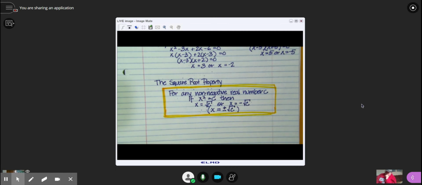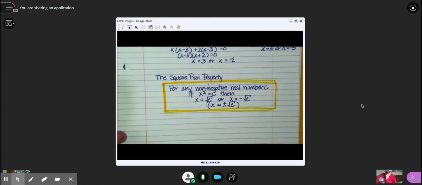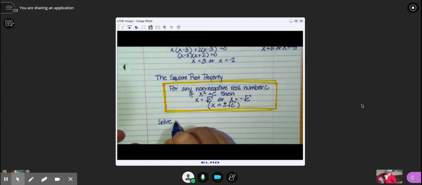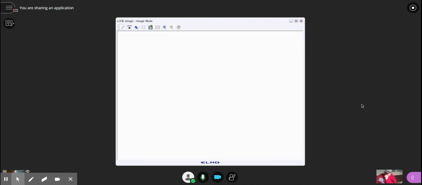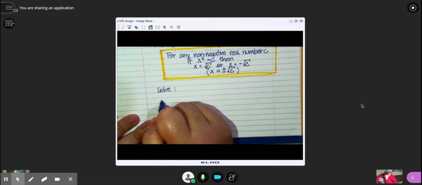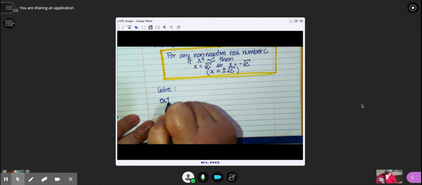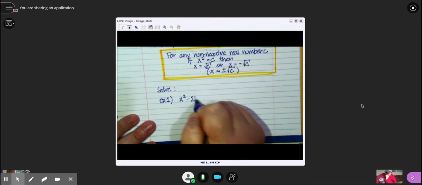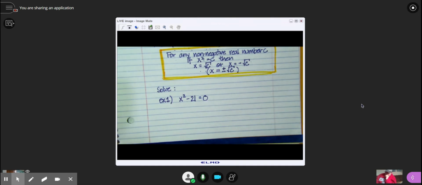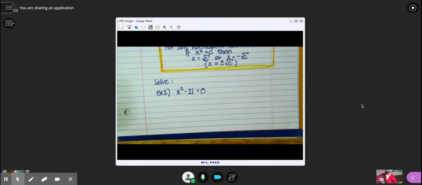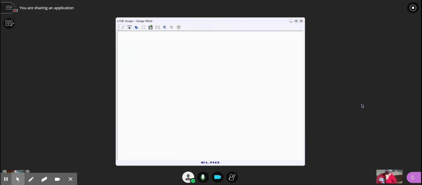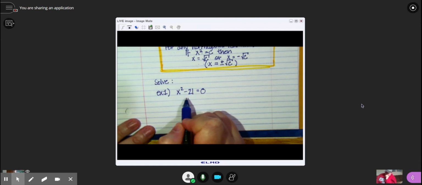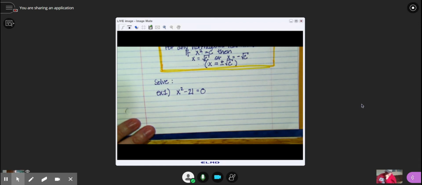Okay, so some examples. Here we have an x squared minus 21 is equal to 0.